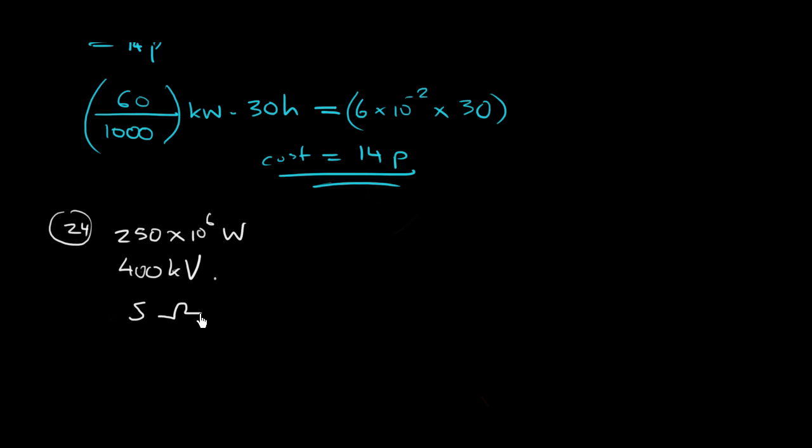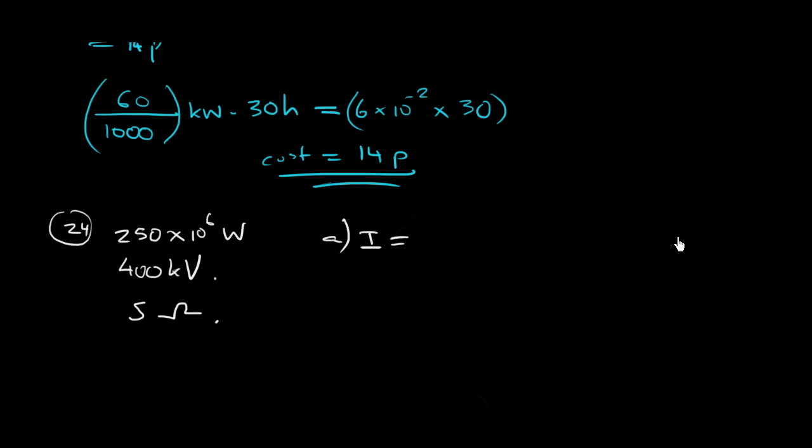So this amount of power is transmitted at this potential difference and this resistance on the cables. And the question then is asking, what is the current in the power lines? Well, the formula for current relating power and voltage is, well, you should know that P is equal to IV.